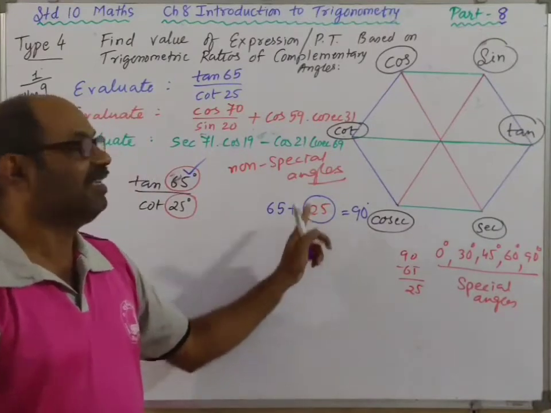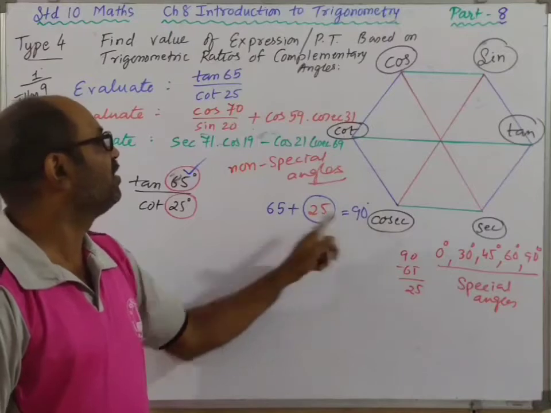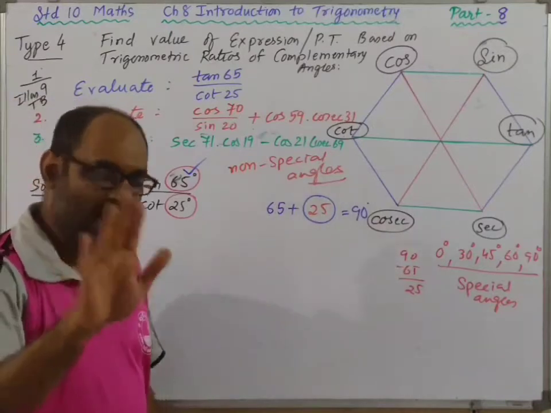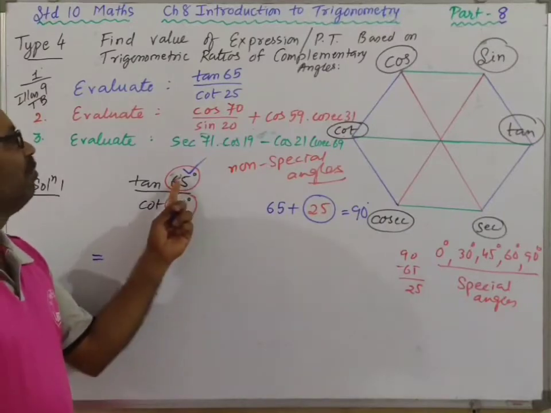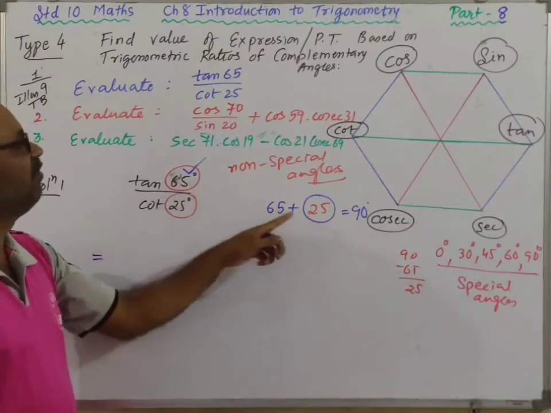So 65 is 90 minus 25. Yeah, 25 is 90 minus 65. Okay? Chaliye. This is equal to, now you know the complementary of 65 is 25.